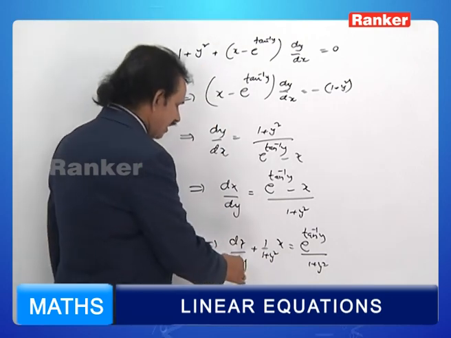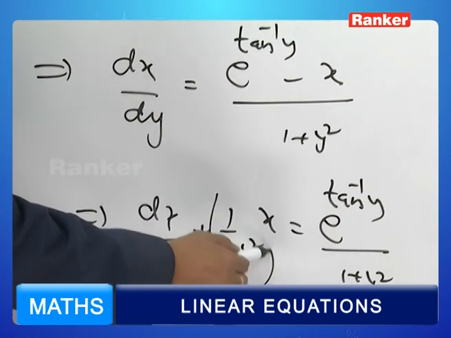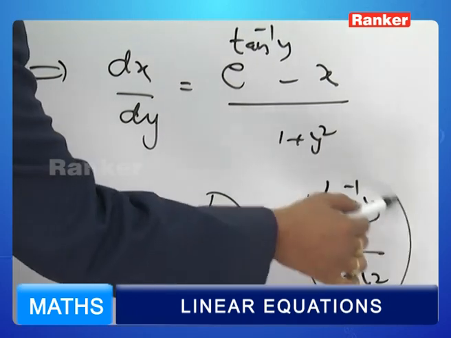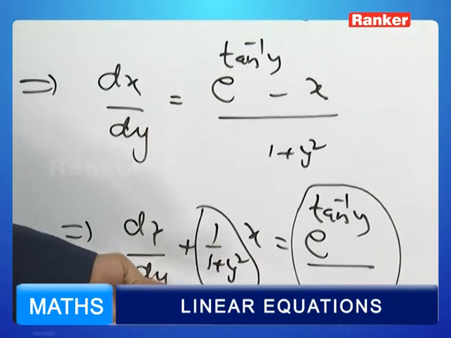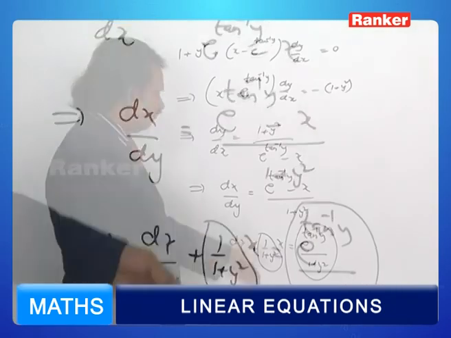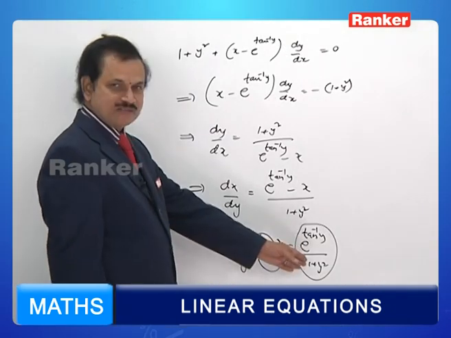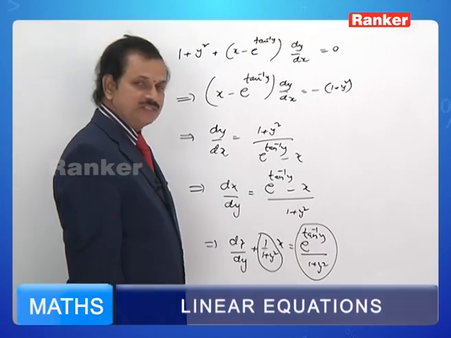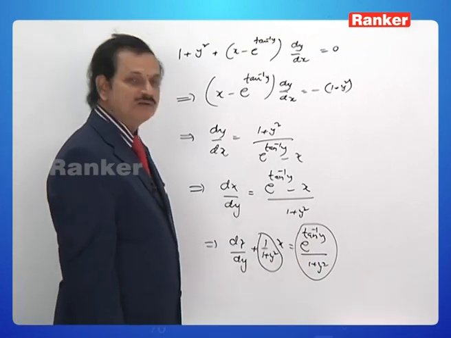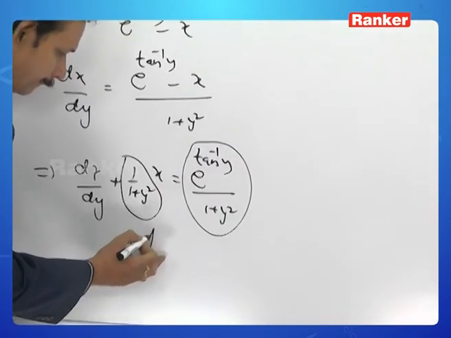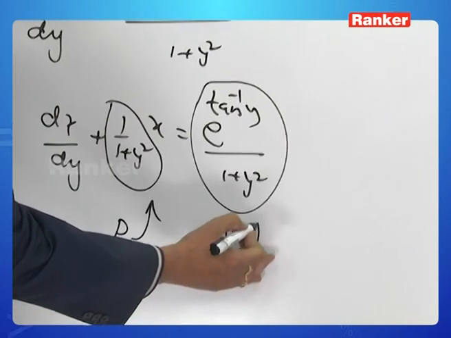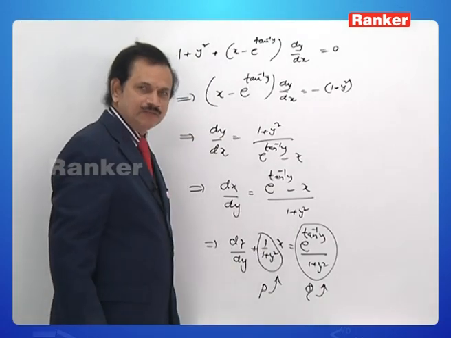That is dx by dy plus px is equal to q. Isn't it? Since in the place of p of the standard form we have 1 by 1 plus y square, and in the place of q of the standard form we have e power tan inverse y upon 1 plus y square. This is p and this is q of the standard form.